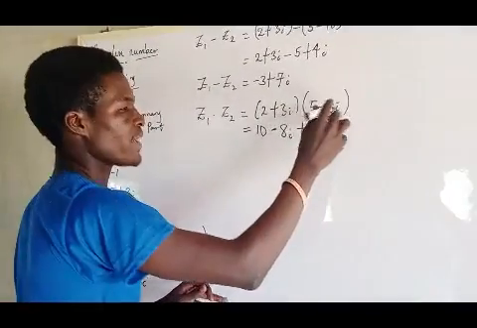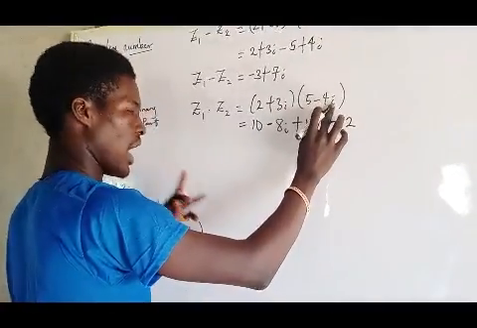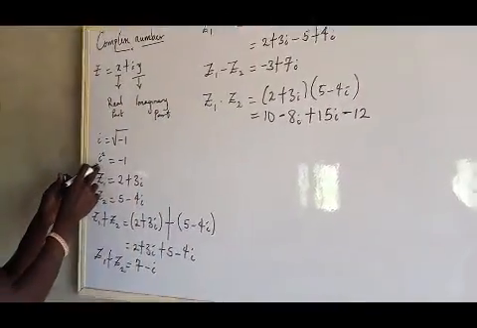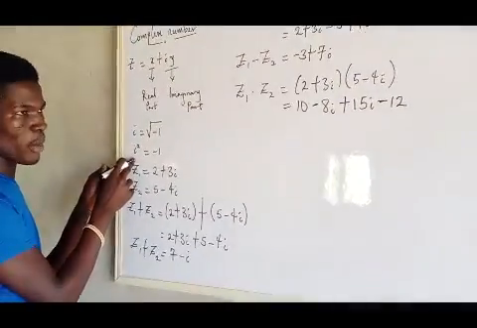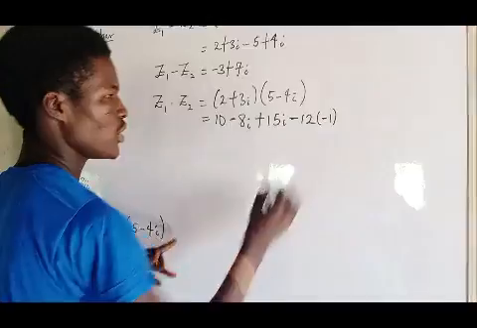Plus 3i times minus 4i is minus 12 i squared. And what is our i squared? Our i squared is minus 1. So instead of writing i squared, I will have minus 1. Do we understand that now?